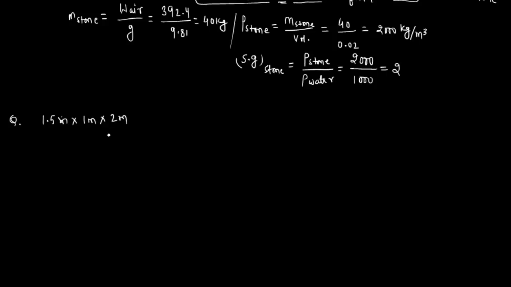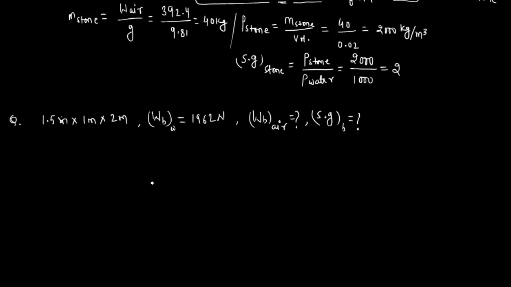So body dimensions are given and weight in water is also given. So weight of this body in water is given, that is 1962 Newton, and we are interested to find out the weight of this body in air, also the specific gravity of this body.